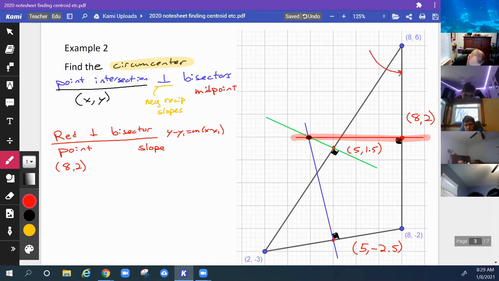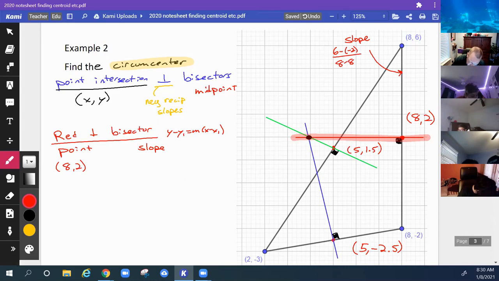Okay, so this right here, the slope is going to be 6 minus -2 over 8 minus 8. So that is going to equal 8 over 0, which is undefined. So the slope of this line right here is undefined. Okay.